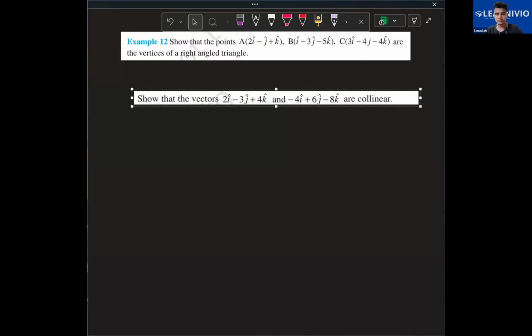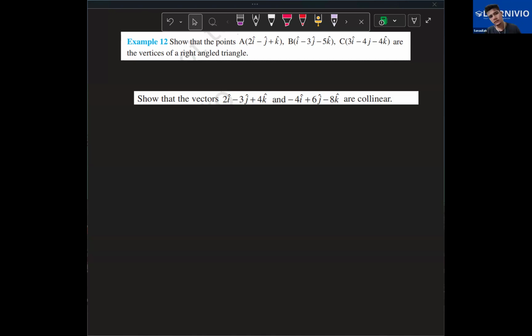Sir, if we multiply the first vector by -2, we will get the second vector. Yeah, so it is collinear. We know what collinear vectors are. Collinear vectors are those that are parallel, irrespective of direction and magnitude, है ना? हमने पढ़ा था उस दिन type of collinear vector में.